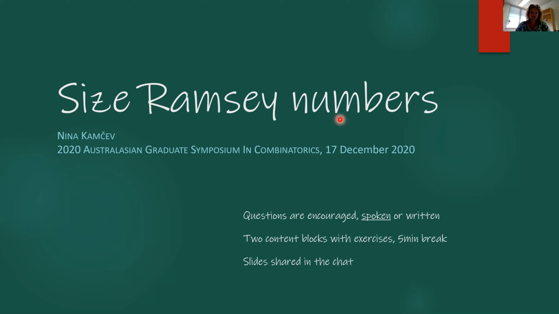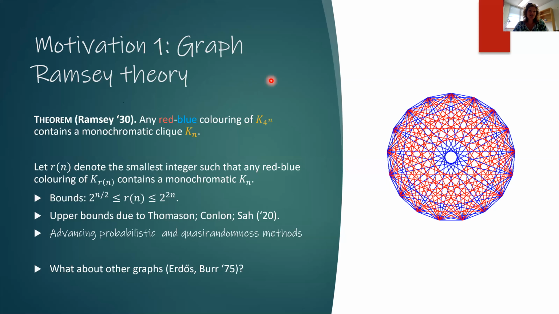So let's go. The area we're working on is graph Ramsey theory. And the foundational theorem is, of course, by Ramsey. He showed that any red-blue coloring of a large clique, so this is our picture of K of a large clique with a red-blue coloring, contains a monochromatic Kn.